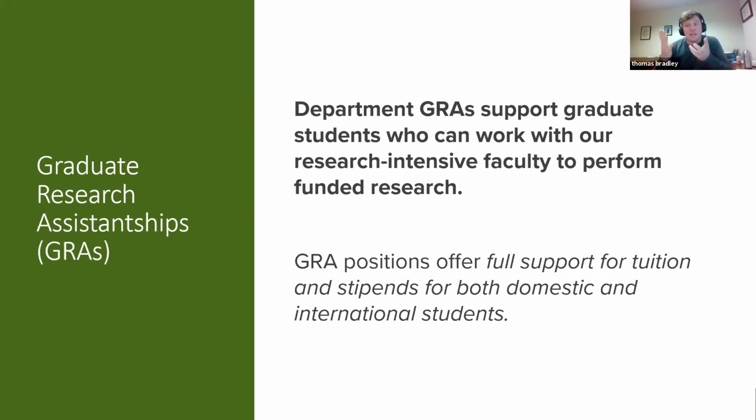And this is basically a full ride scholarship to be able to come to graduate school. We pay for tuition, we pay for a stipend, it's sort of a salary that allows the students to live comfortably in Fort Collins. This is applicable both to domestic and to international students.